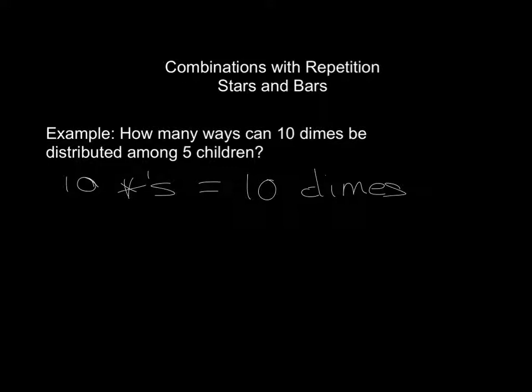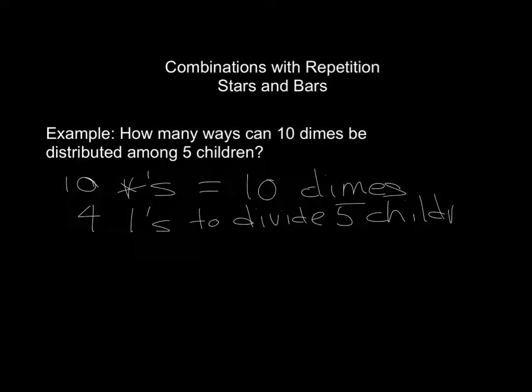And then we're going to divide them among 5 children. In other words, we're going to categorize each dime as belonging to child 1, child 2, child 3, child 4, or child 5. So we are going to need 4 bars to divide the 5 children, the 5 categories.